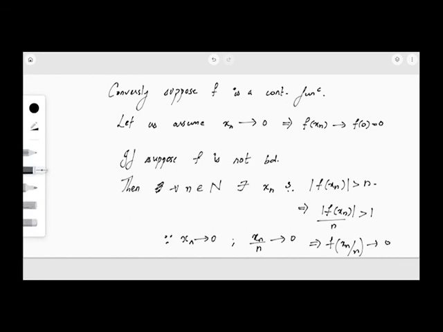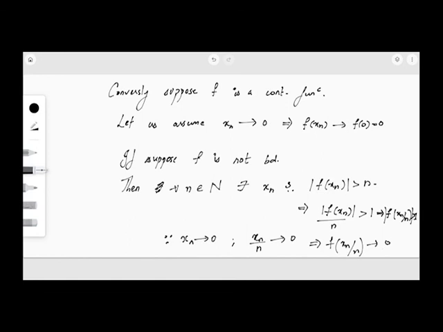But what have we got here? We have got that modulus f of xn by n is greater than 1, or this can be written as, since f is linear, we will take n out common, so modulus of f of xn by n is greater than 1, which will be a contradiction to the fact that f of xn by n converges to 0.